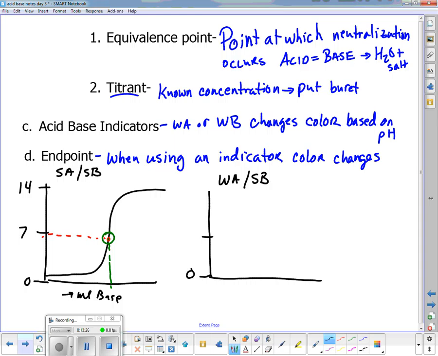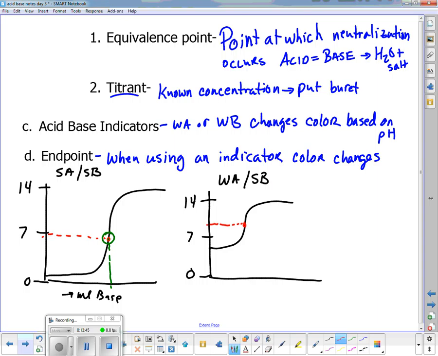Okay? Now, when I get a weak acid versus a strong base, the curve changes a little bit. And I go from starting about 3 or 4 or 5, which is more of a weak acid, and I actually end up here. So now my point of inflection is above 7.